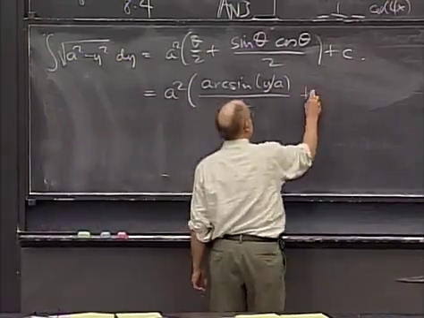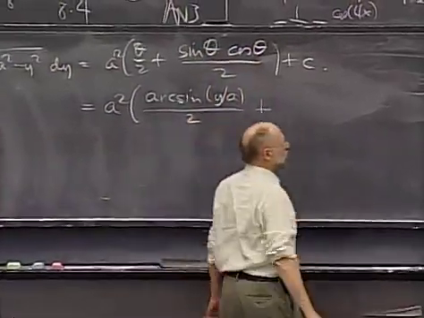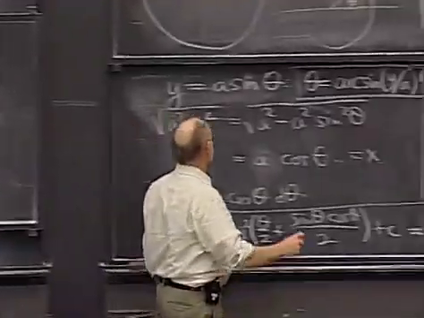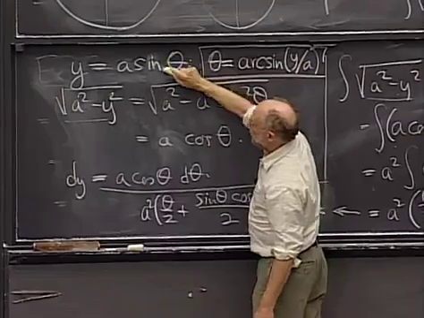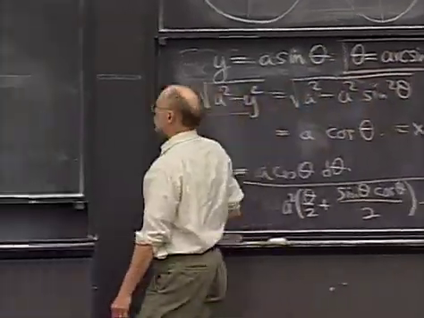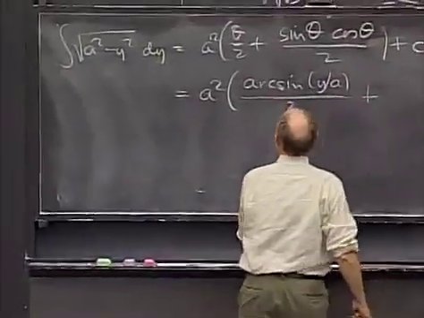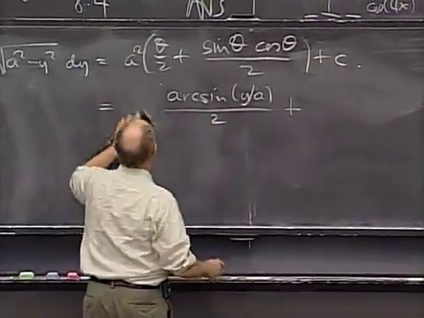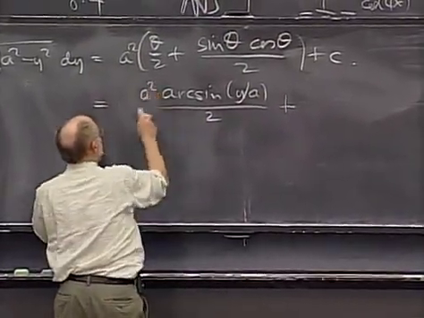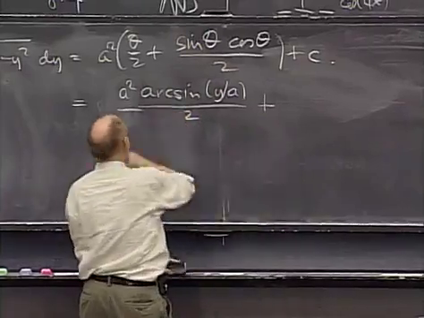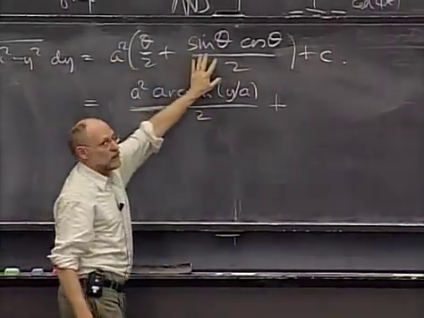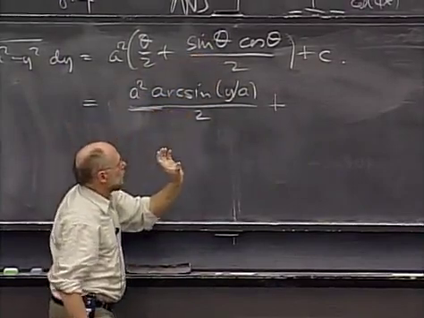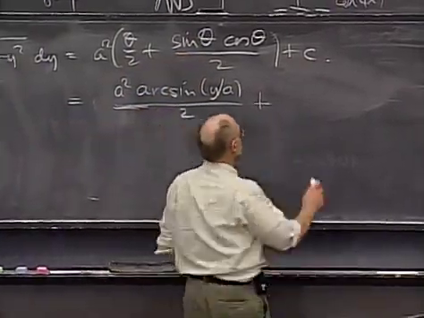What about the other side here? Well, sine and cosine, we knew what they were in terms of y and in terms of x, if you like. Maybe I'll put the a squared inside here. That makes it a little bit nicer. Plus, the other term is a squared sine of theta cosine of theta. So the a times sine of theta is just y.